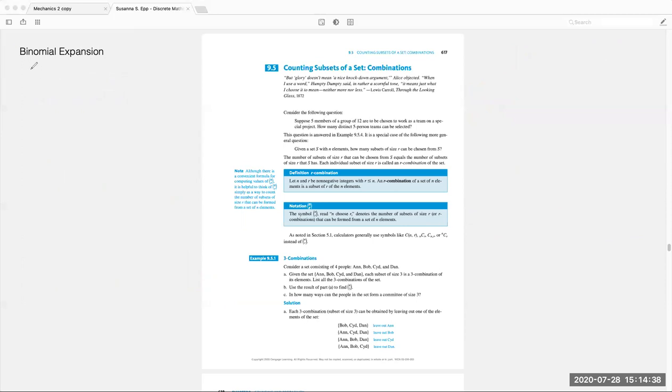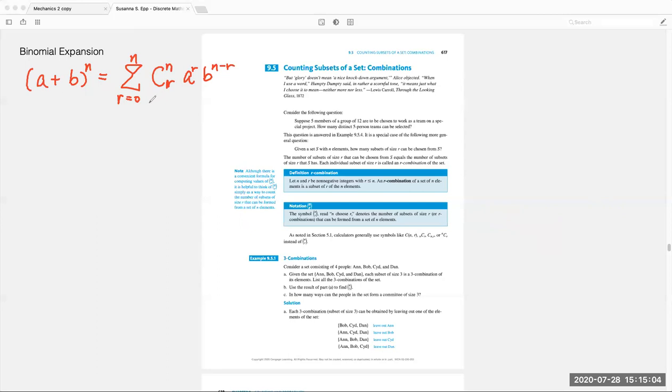So let's understand the binomial expansion using the concept of combination. You know that (a plus b) to the power n is a summation of NCR, a to the power r, and then b to the power n minus r, r starting from 0 to n.